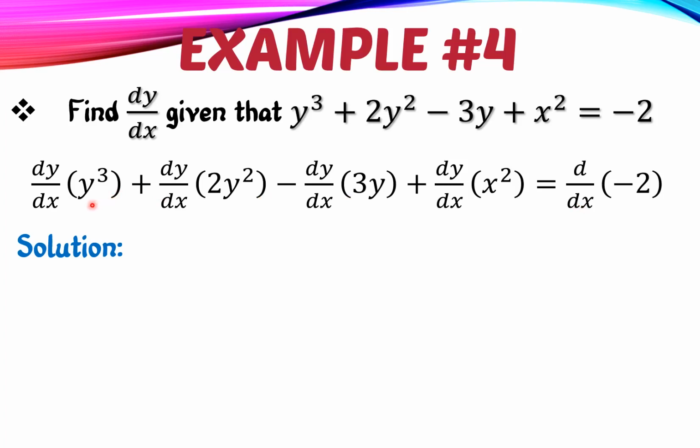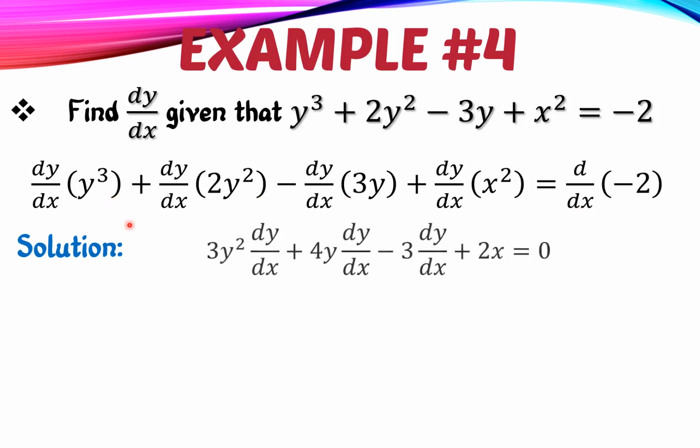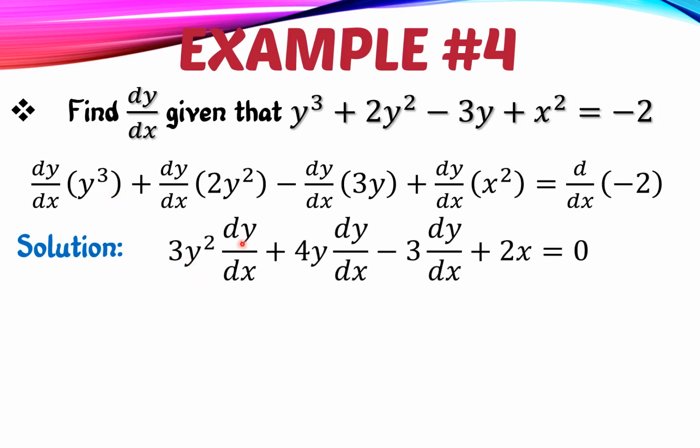For y cubed, the derivative will be 3y squared, and then attach dy dx. For 2y squared, we will have 4y dy dx. For 3y, we will have minus 3 dy dx. And for x squared, we will have 2x. For the derivative of negative 2, we have 0.